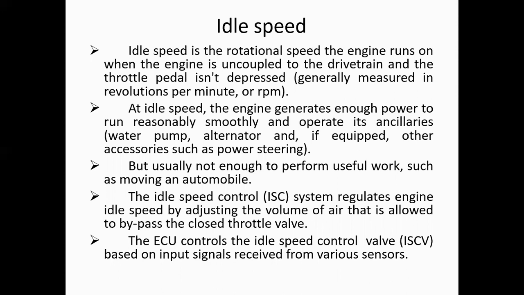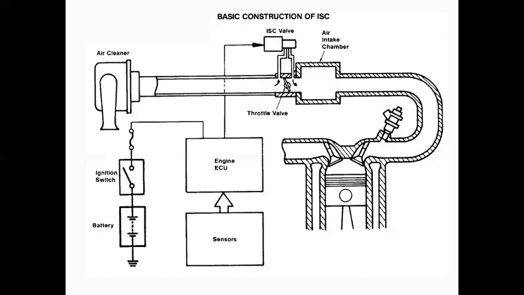The idle speed control system regulates engine idle speed by adjusting the volume of air that is allowed to bypass the closed throttle valve. The ECU controls the idle speed control valve based on input signals received from various sensors.